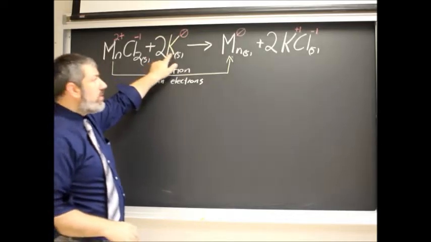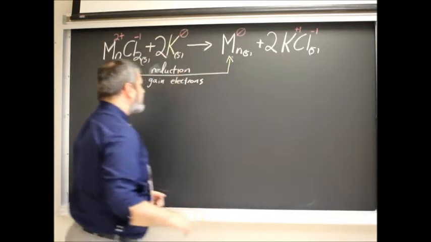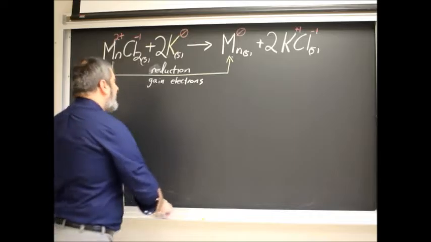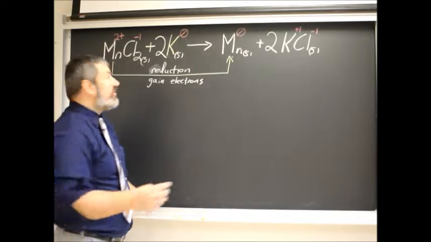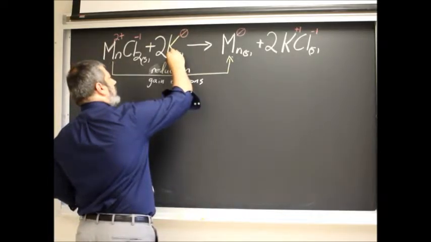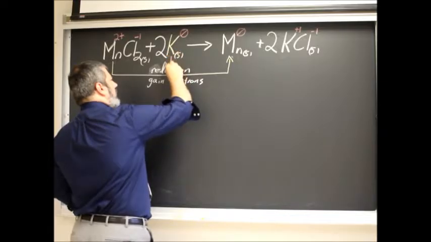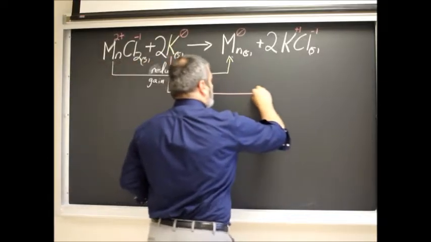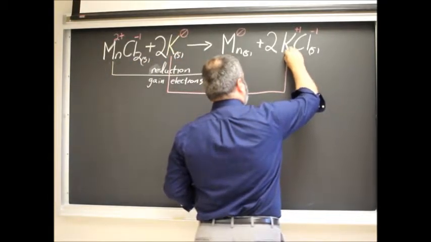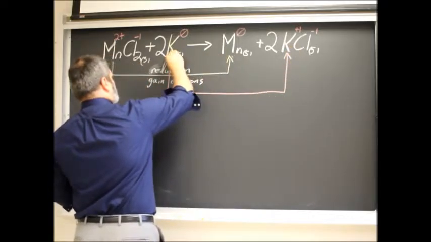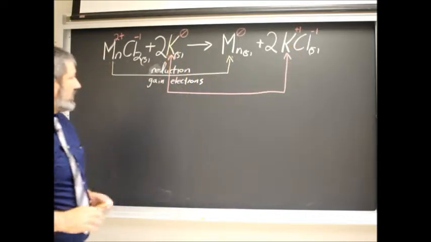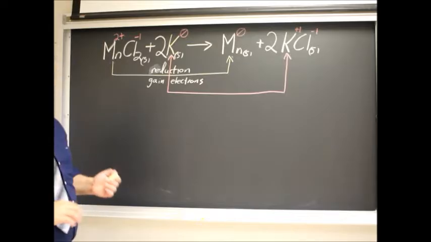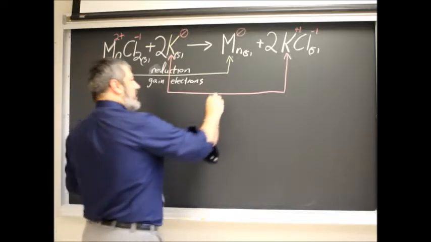Potassium, 0 to +1. That means the potassium is losing electrons. So the potassium must be undergoing oxidation.